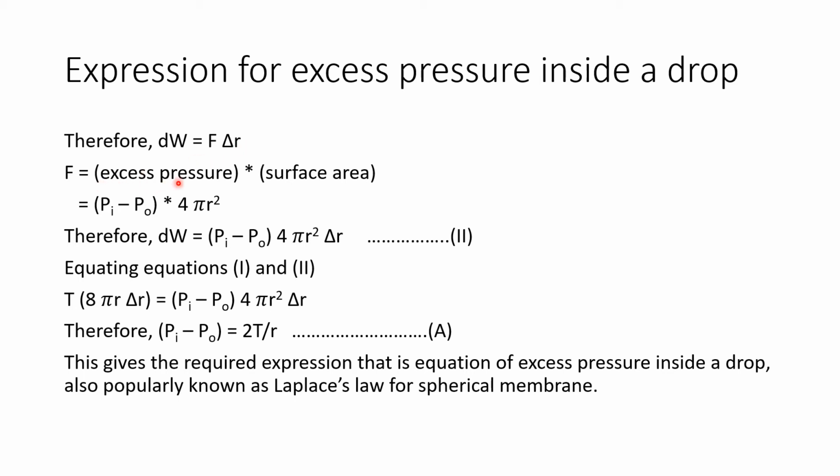F can be written as excess pressure into surface area. How much is the excess pressure? It is Pi minus P0. What is the surface area? 4 pi R square. Therefore force is what? Pi minus P0 into 4 pi R square. Therefore work is written as force into delta R, that is Pi minus P0 into 4 pi R square delta R. Let us call this equation as equation number 2.